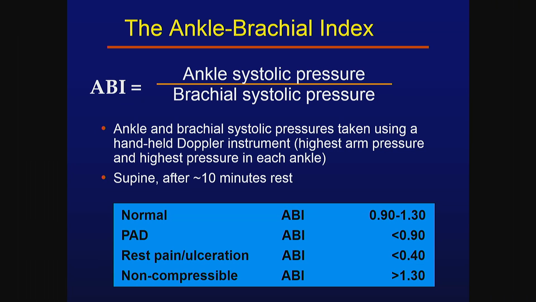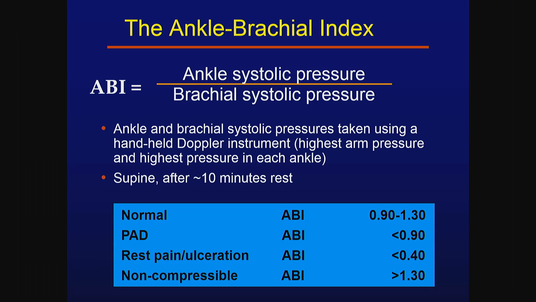In some patients, either those with extensive arterial calcification due to, for example, end-stage renal disease, or those with large size limbs, sometimes the pressure in the ankle cannot be obtained because of a non-compressible Doppler signal.